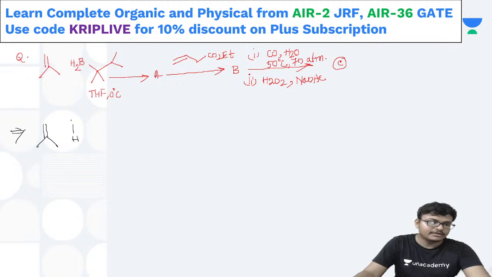One is the hydrogen. Always remember the hydroboration reaction takes place such that this group attacks the boron.